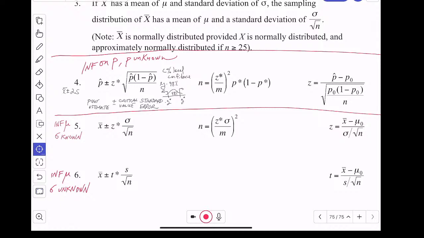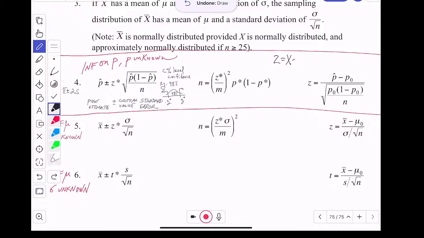So where P hat is the sample estimate, what are we doing to P hat? We're subtracting P0 and then dividing by this thing that looks like the standard deviation, but P0 is inside. So what we're actually doing is standardizing. Let me write it in words to avoid confusion.